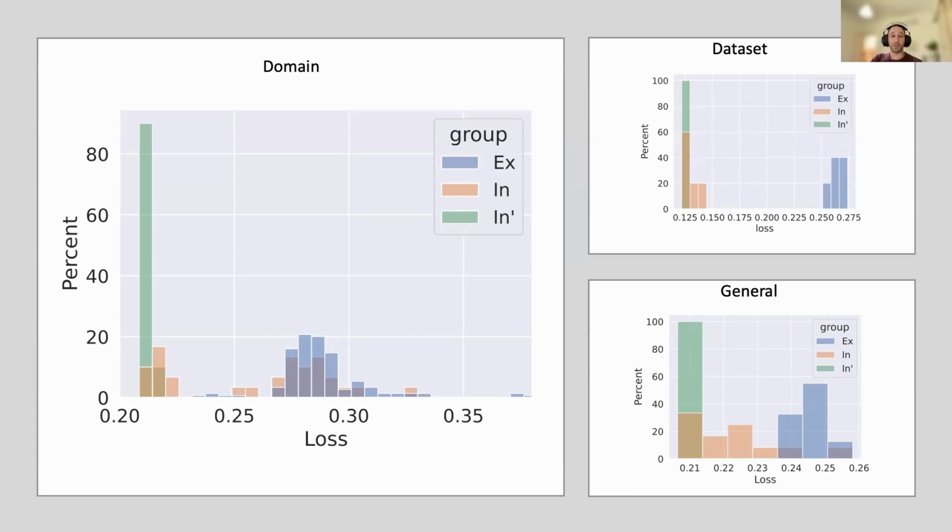So here again we have 3 graphs, one for each region, and we have in blue the baselines, models that were fine-tuned not on the domain dataset or not fine-tuned at all. And in comparison, we have the orange ones.